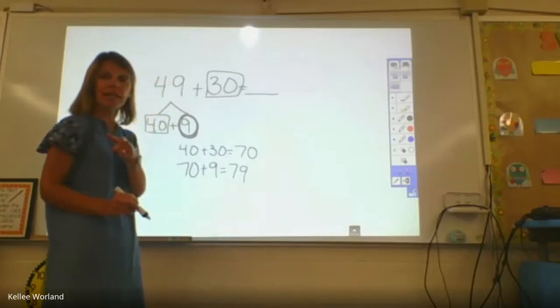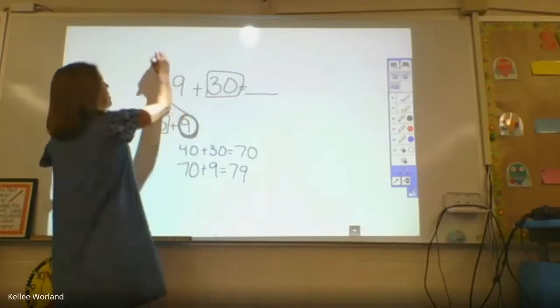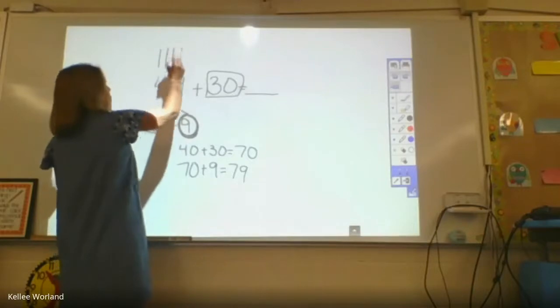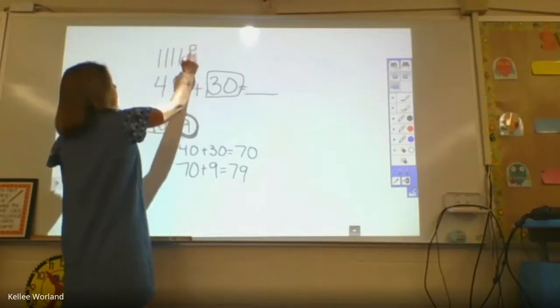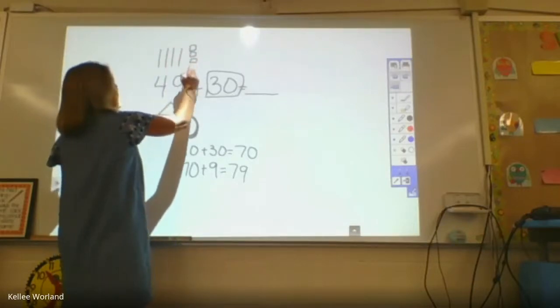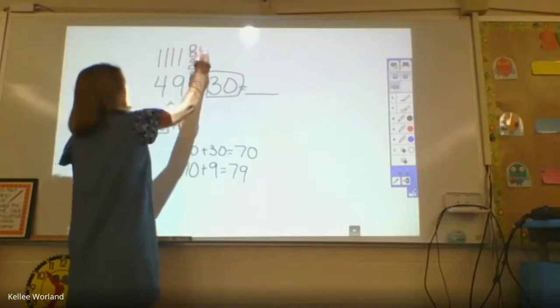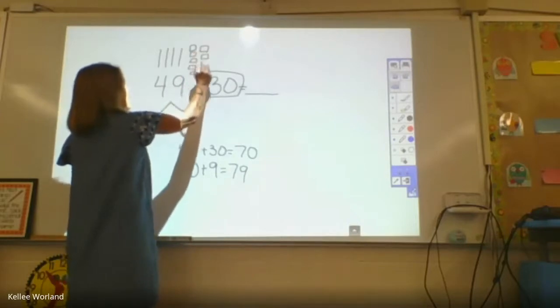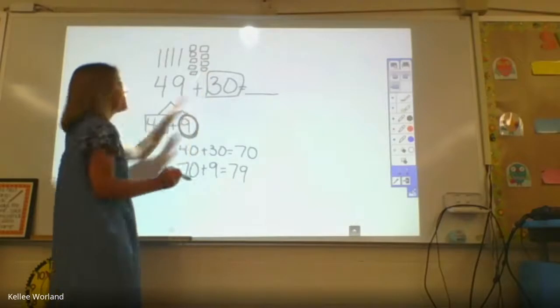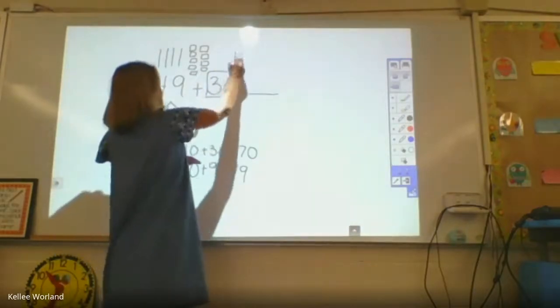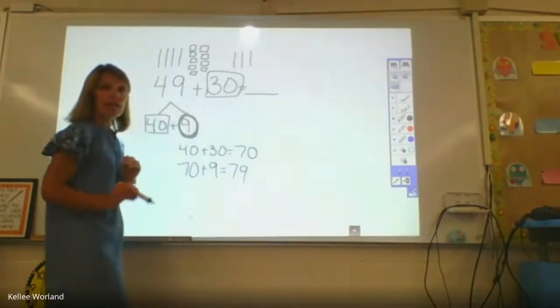Oh, you want to work it the other way? Perfect. 10, 20, 30, 40. 41, 42, 43, 44, 45, 46, 47, 48, 49. And then you're going to put your 30, 10, 20, 30. That's right.